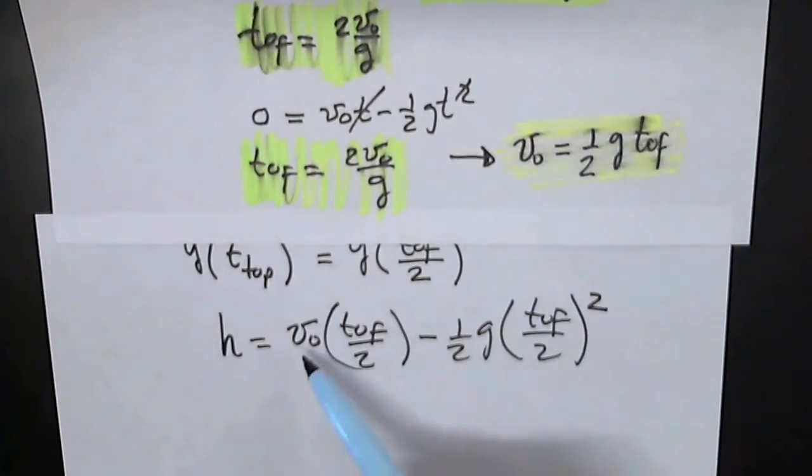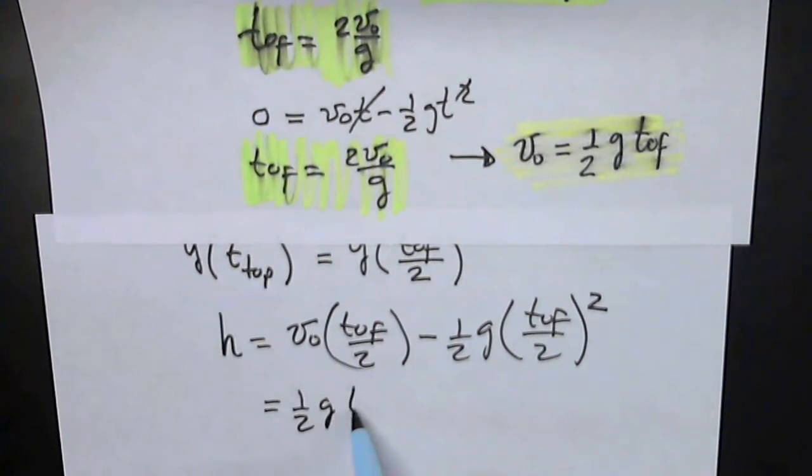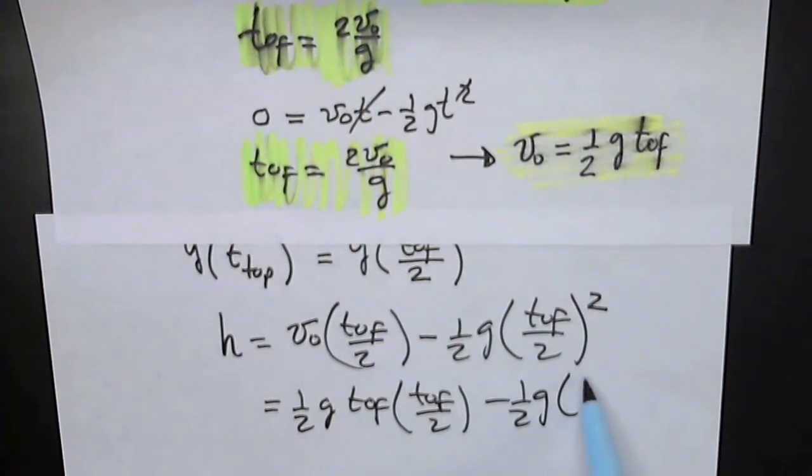Now we substitute the initial velocity. The initial velocity is 1/2 g time of flight, over 2, minus 1/2 g time of flight over 2 squared. So a half and a half is a fourth, time of flight squared.